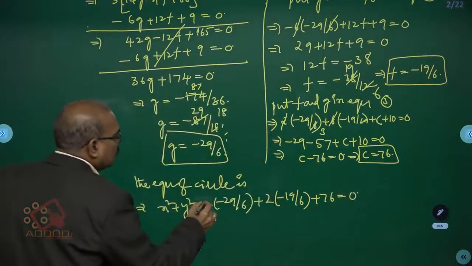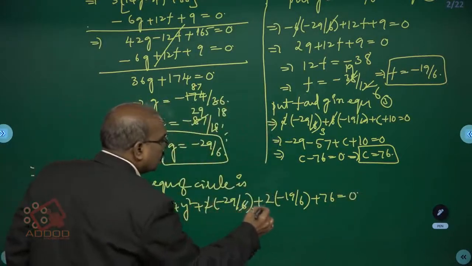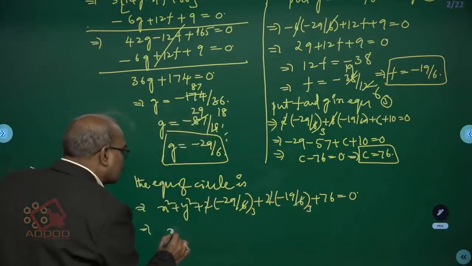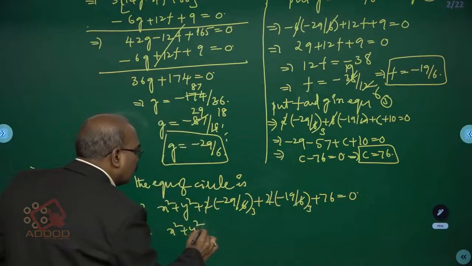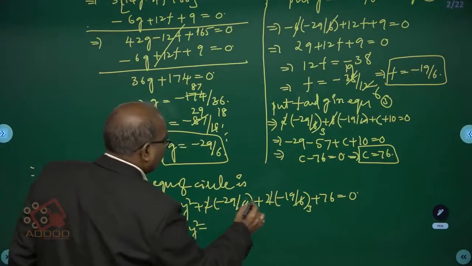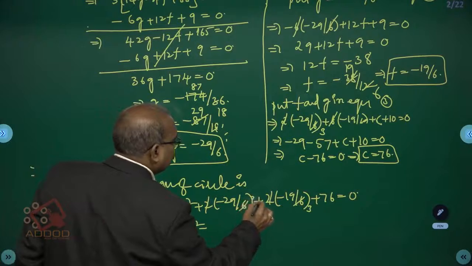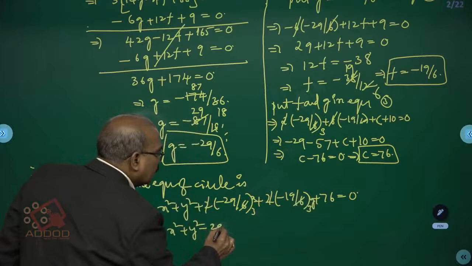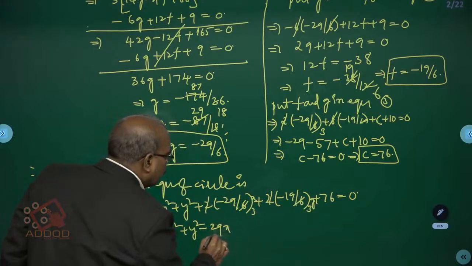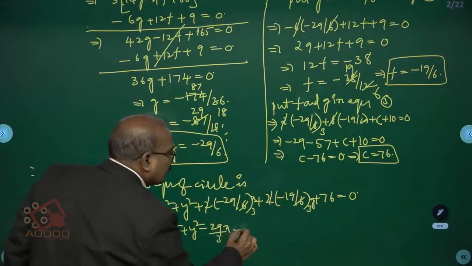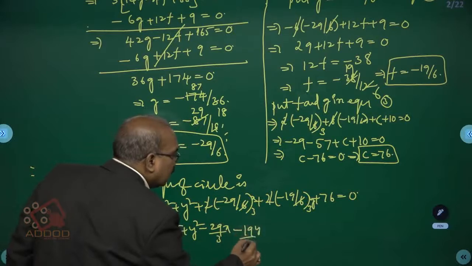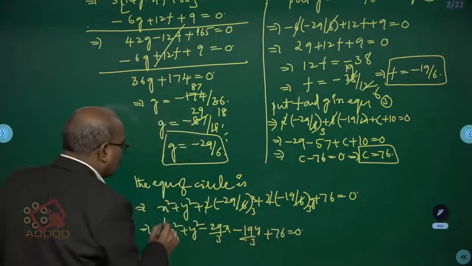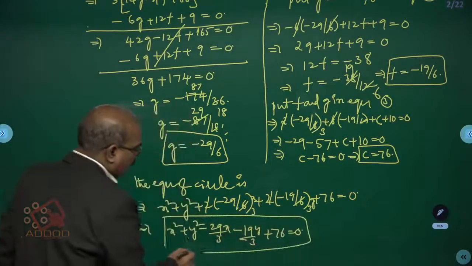So 2 ones are 2, 3. Therefore x square plus y square minus 29x by 3 minus 19y by 3 plus 76 is equal to 0. So this is the equation of the circle.